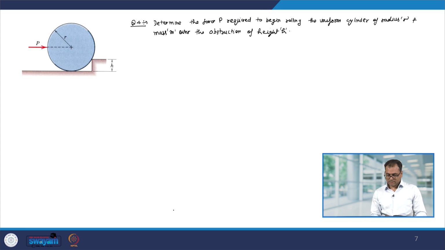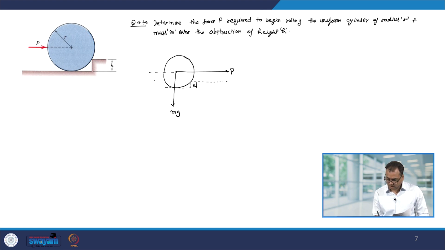Okay. So, first let us look at the free body diagram. We have this uniform cylinder, and here the force P is acting. Since it is a sliding vector, let me put the P here, and its weight is mg, and this is the support that we have, and this height is h, this is r.